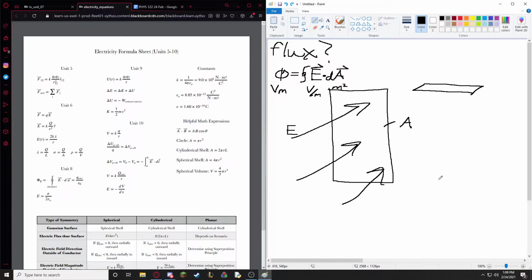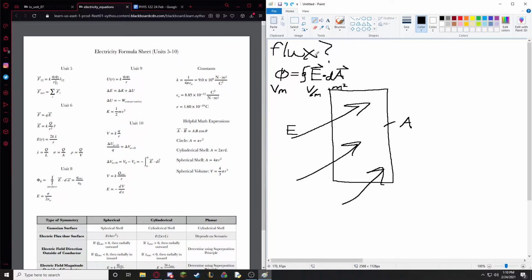So if we have some sort of symmetric surface, which is 99% of what you'll see in this class, you're going to have some sort of center, and positive means away from the center. So if this were one side of a cube and the center is here, it's going to be upwards.